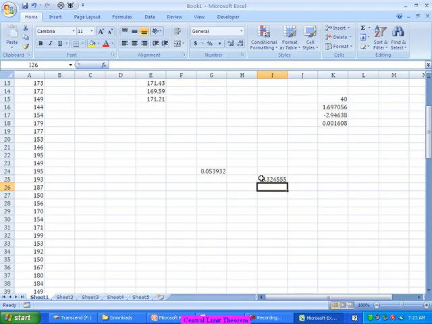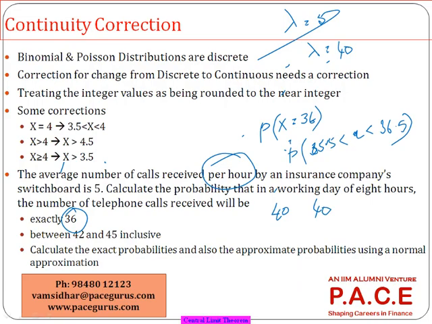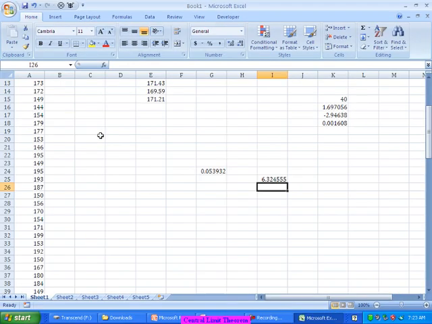So the question is asking about 35.5 to 36.5, which means in a normal distribution I want to find out the area lying between 35.5 and 36.5. For 35.5, what is the standard normal value?